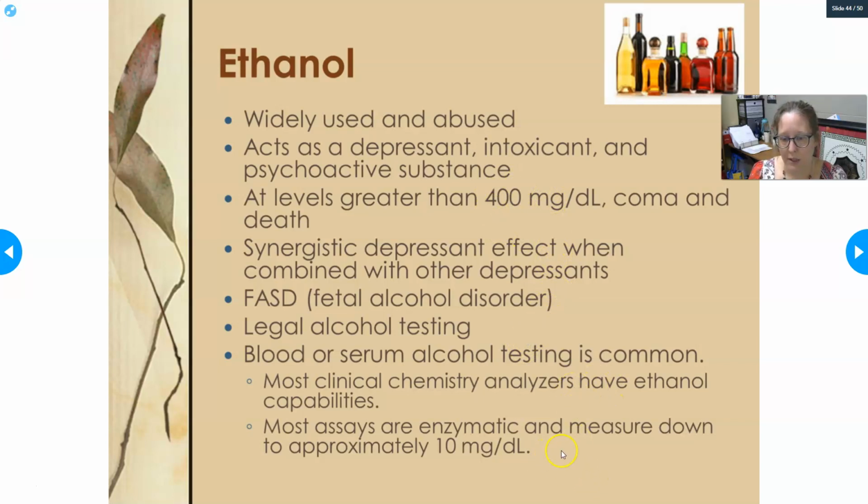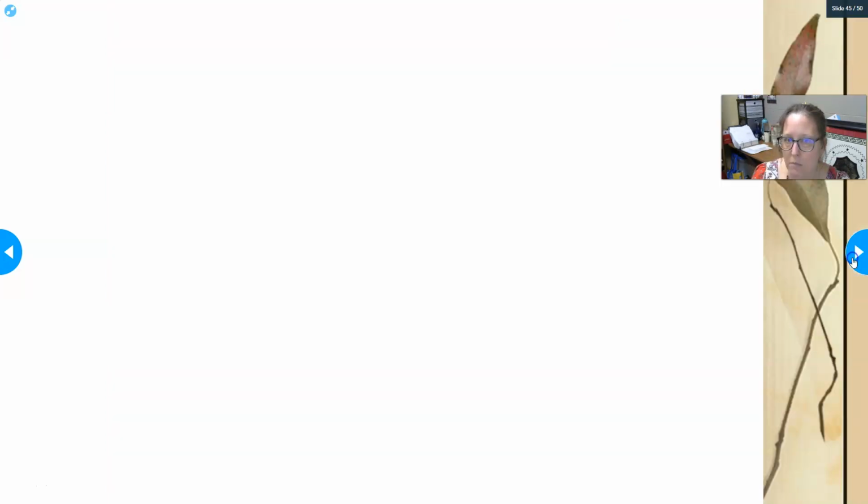Most assays are enzymatic and measure down to approximately 10 milligrams per dL, meaning that you can't say it's zero. So if somebody had not been ingesting ethanol, or it had been a long time and it had completely cleared their body, then if the levels are below 10 milligrams per deciliter, they would just be reported as less than 10 milligrams per deciliter.